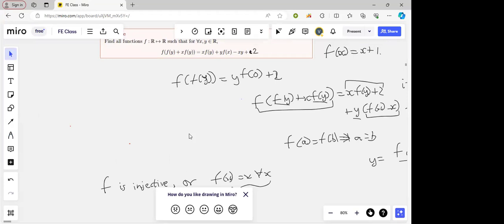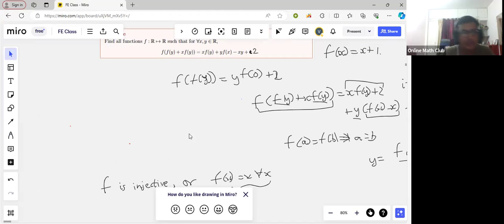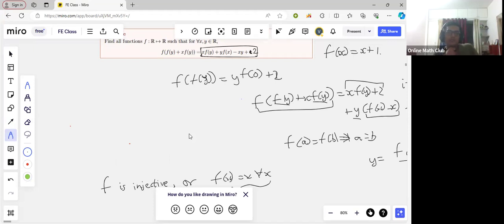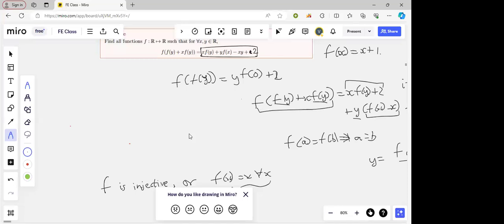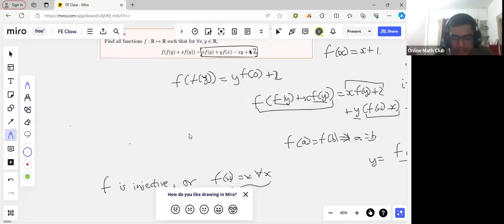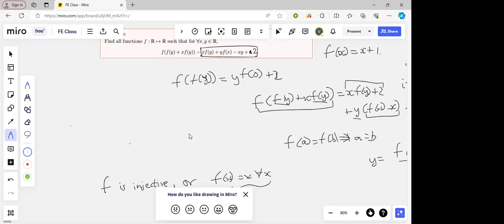Yes. So now we want to use injectivity. Can you notice something about this term? If we put y in x's place and x in y's place, we get the same expression.